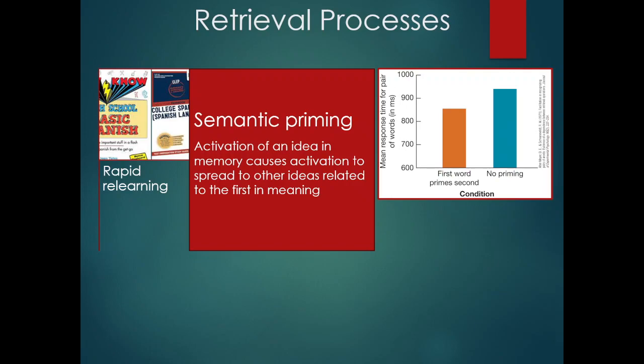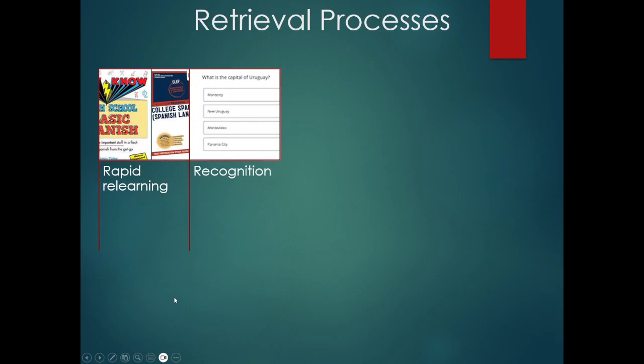It's not the world's most dramatic speed up because we're talking about milliseconds, like 100 milliseconds faster, 150 milliseconds faster. That's not very much, but it's noticeable, and it shows accessibility in the memory system. So rapid relearning is an important way to test whether a person still has stuff in their memory or not.